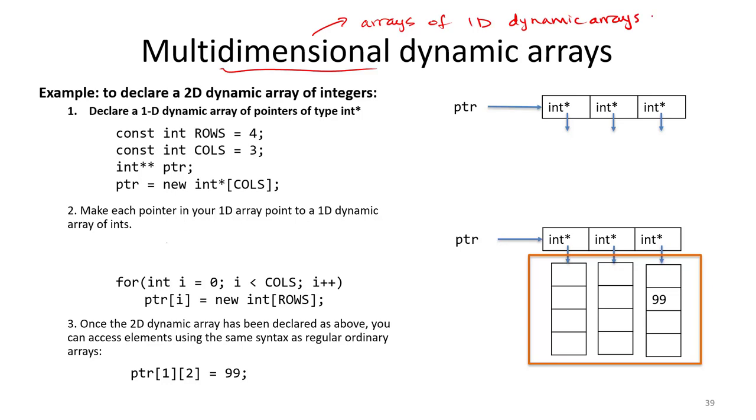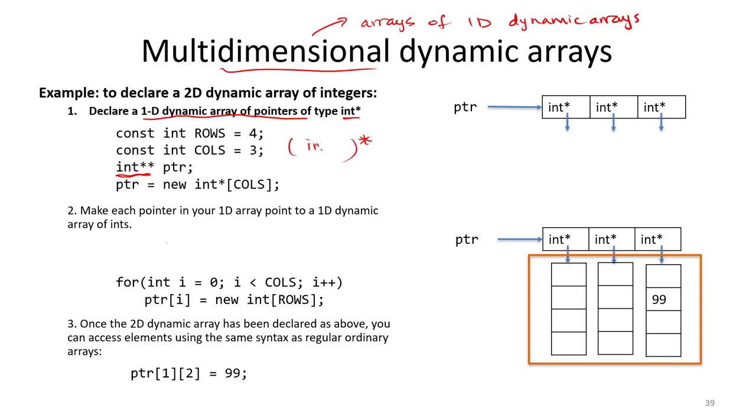So if we want to declare a 2D dynamic array of int type values, the first thing we actually need to do is to declare a 1D dynamic array of pointers of type int. So notice what we do. We actually write int star star ptr. Remember, star is the syntax for making a pointer.